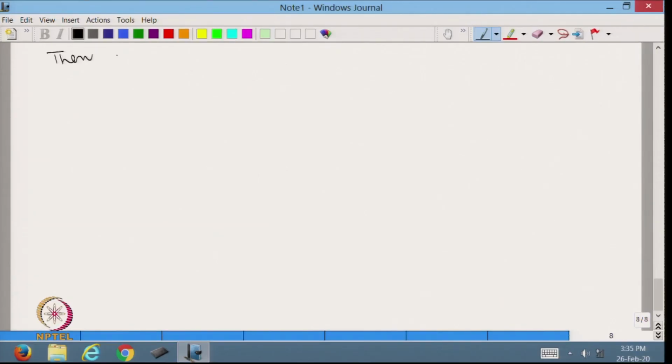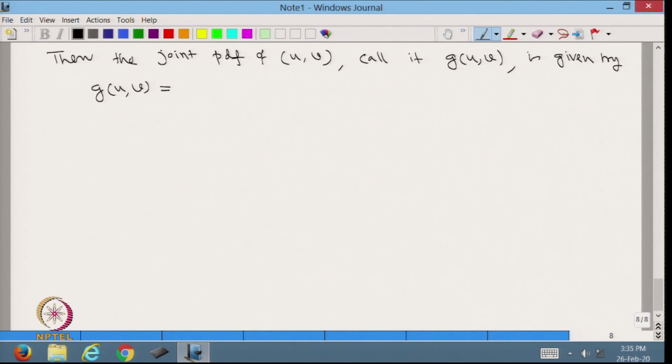Then the joint PDF of u v, let us call it g u v, is given by g u v is equal to f at g 1 u comma v, g 2 u comma v multiplied by the Jacobian which I have already explained.